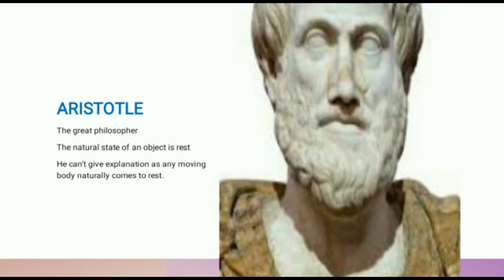Aristotle, a great philosopher, said that the natural state of the object is rest. But he could not give an explanation why the natural state of the object is rest.